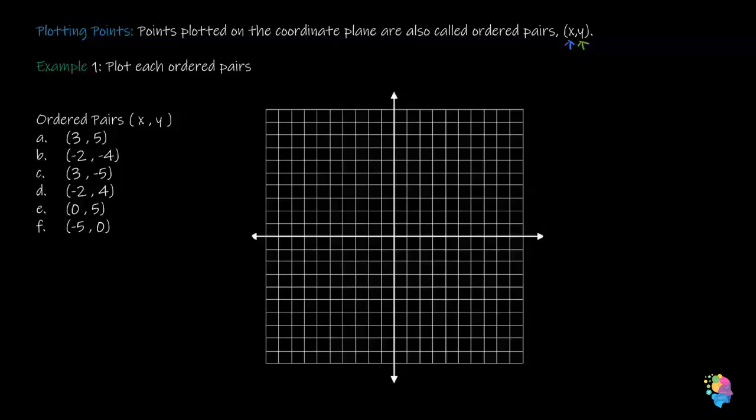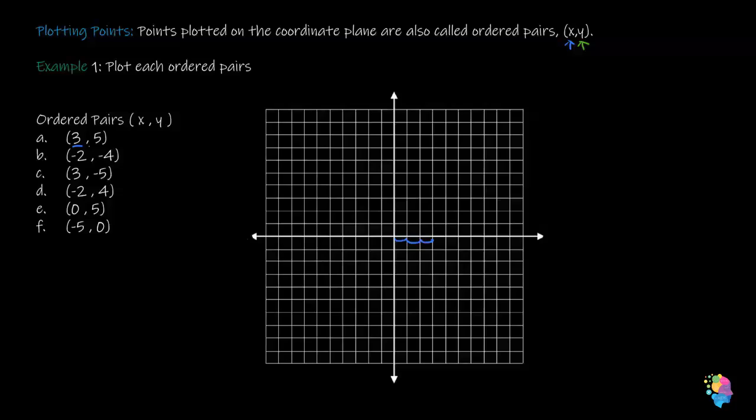So let's try example 1 and plot the ordered pairs that we are given. The first point is 3, 5. So the x coordinate is a positive 3. So we move 3 to the right from the origin. So that is 1, 2, and 3. Now, we don't plot the point there. We still need to look at the y value.